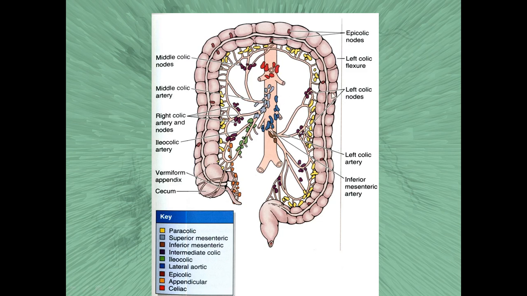Then, from the left side of the large intestine, lymph drains into the left colic lymphatic nodes, then to the sigmoid lymphatic nodes and superior rectal lymphatic nodes, then to the collecting group located around the inferior mesenteric artery, the inferior mesenteric lymph nodes, and then to the intestinal trunk if it is present, or directly to the thoracic duct, left venous angle.